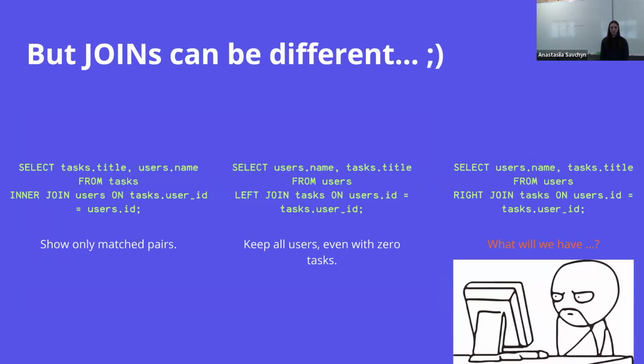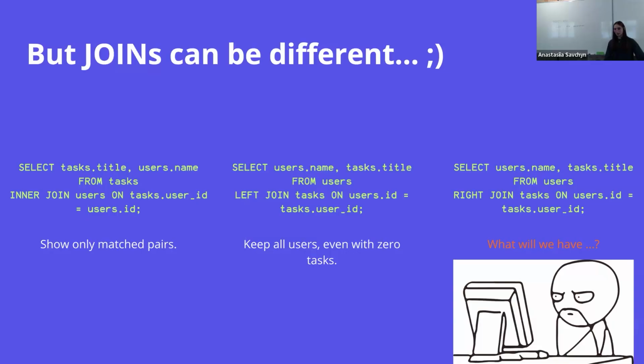But actually, joins can be different. It's not only just a join, it can be inner join. How it works, inner join shows you only matched pairs. And it will mean that if you are extracting your tasks and you have, for example, a task that is not assigned to a user, and then you join your users, you will get only tasks with your users.